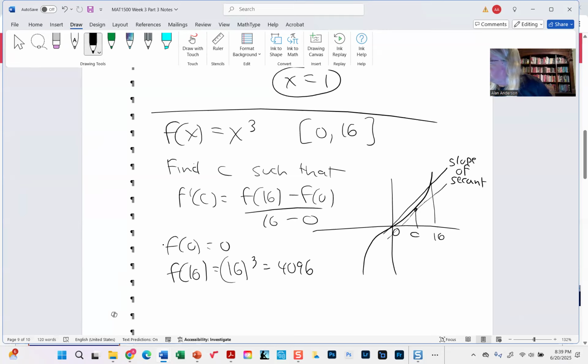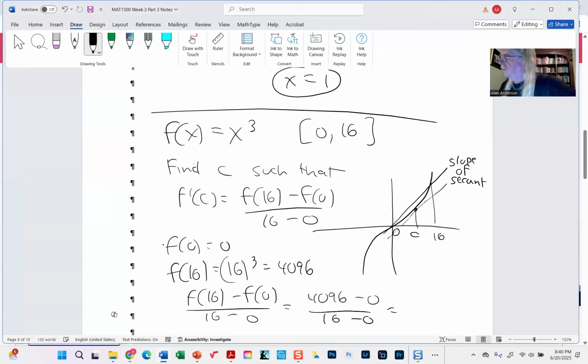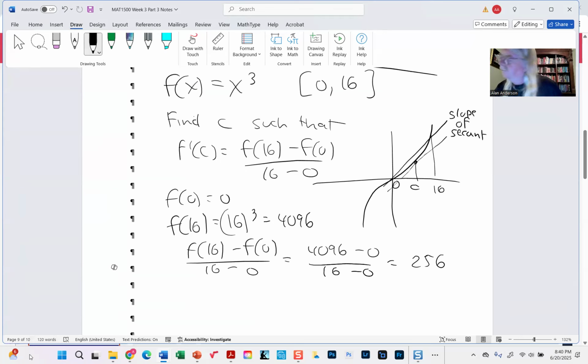So this ratio is equal to 256. So first we need to know f prime of x, 3x squared.